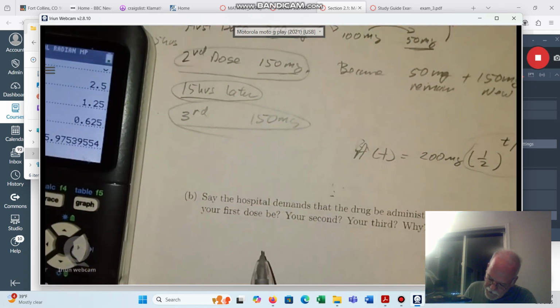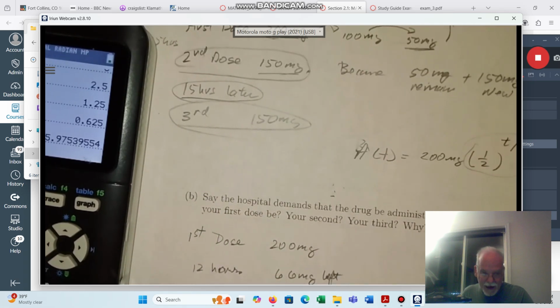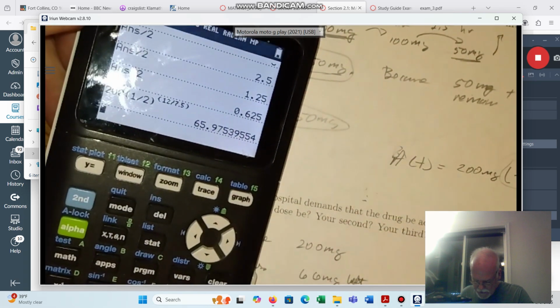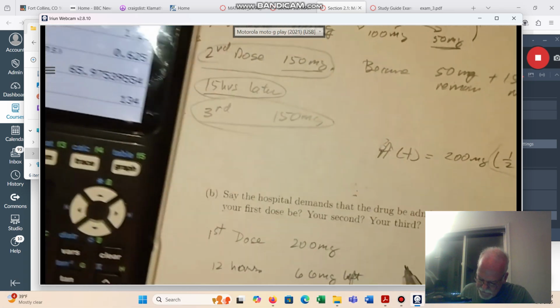But I think, just doing it simply, my first dose would be 200 mgs, and then 12 hours later, I would have 66 mgs left. And then how much would I need to bring that back up? 200 minus 66 would be 134.